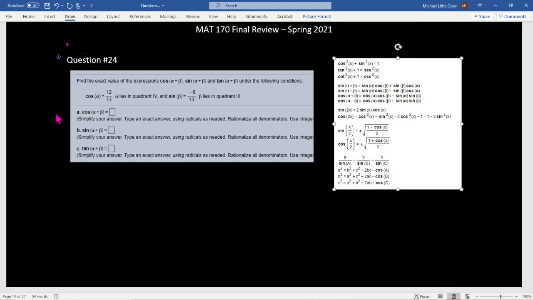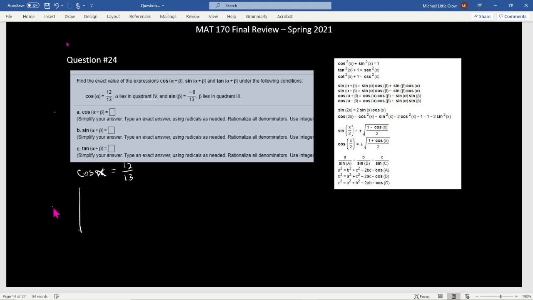let's go with a new color. So cosine of alpha is 12 over 13, and it's in the fourth quadrant. Okay, that's what that's saying.